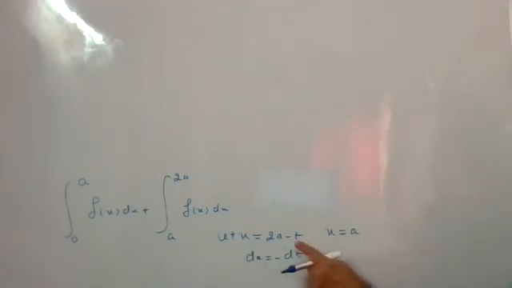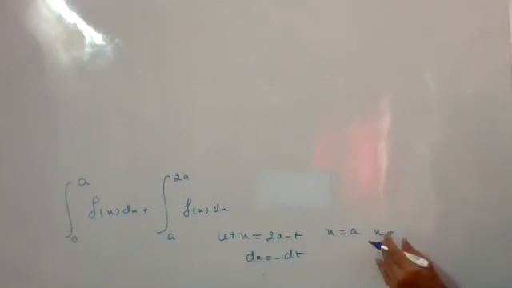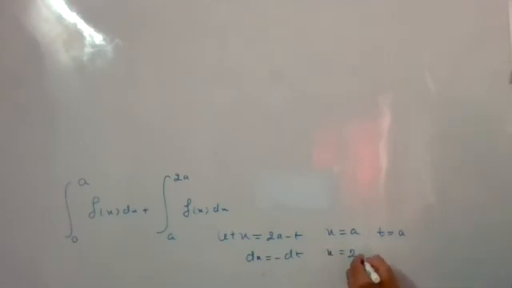When you put x is a, it will be 2a minus a, so x comes out to be a, then t is also a. Then when x is 2a, if we put 2a, it is 2a and 2a, so t will be coming 0.